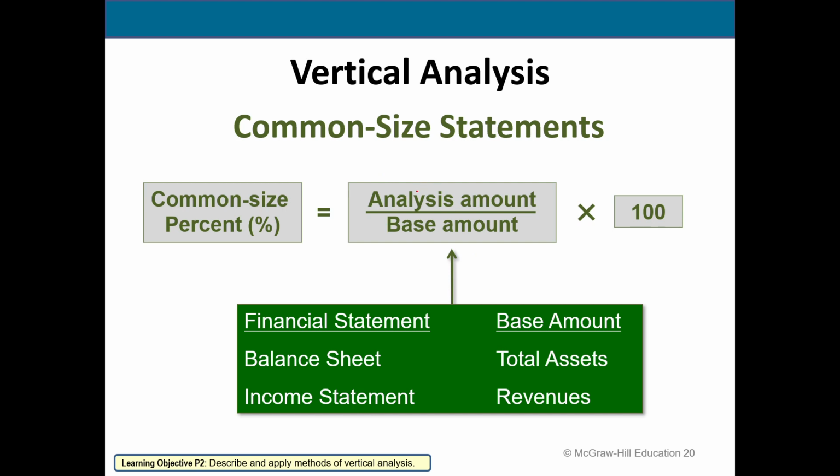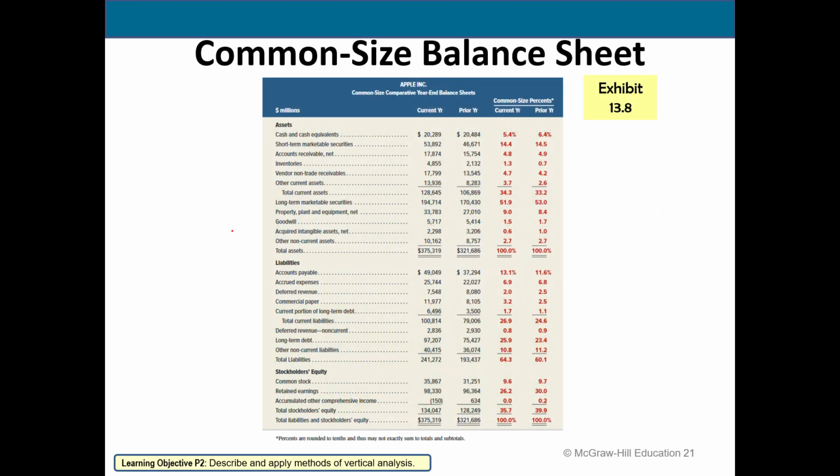If I'm analyzing an income statement account, the base amount will be our revenues, okay? And that will give us a percentage per account in relationship to total assets for the balance sheet or sales for the income statement.